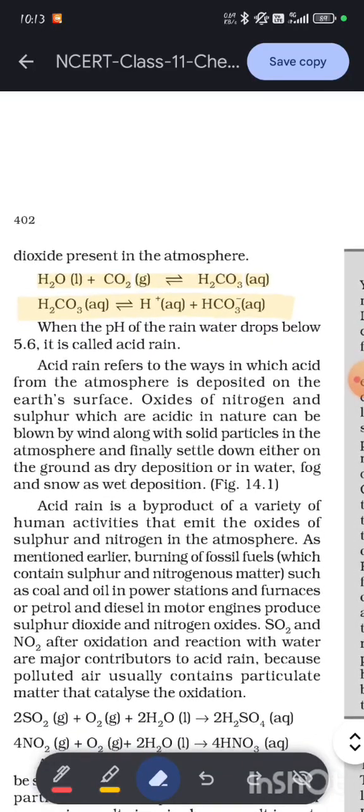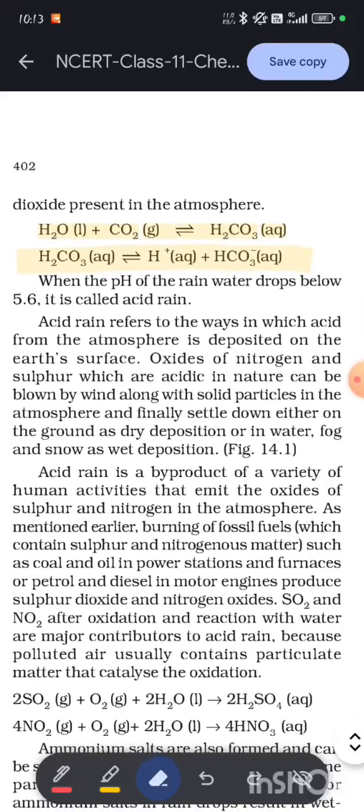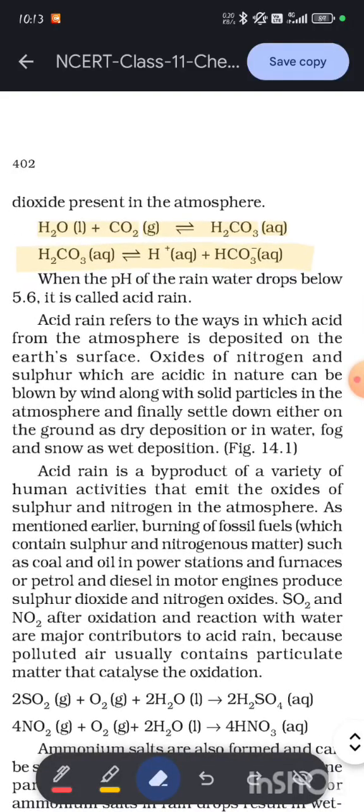Acid rain refers to the ways in which acid from the atmosphere is deposited on the earth's surface. Oxides of nitrogen and sulfur, which are acidic in nature, can be blown by wind along with solid particles in the atmosphere and finally settle down either on the ground as dry deposition or in water, fog, and snow as wet deposition. Acid rain is a byproduct of a variety of human activities that emit the oxides of sulfur and nitrogen in the atmosphere.